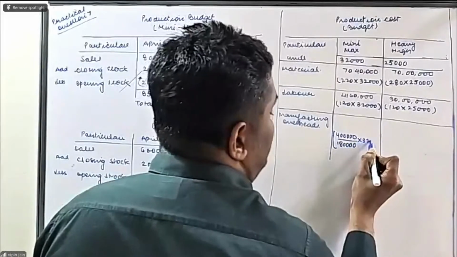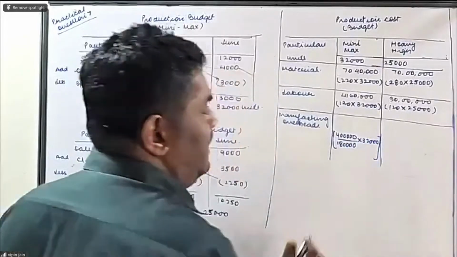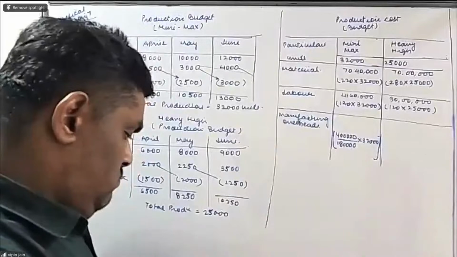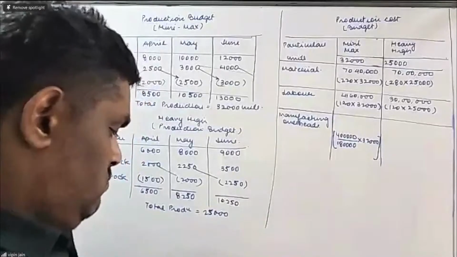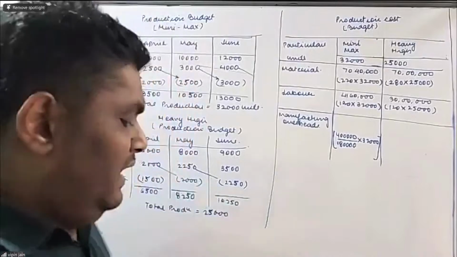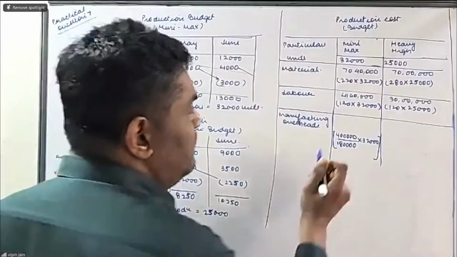So for 32,000 units, the proportionate overhead we will get 71,111.